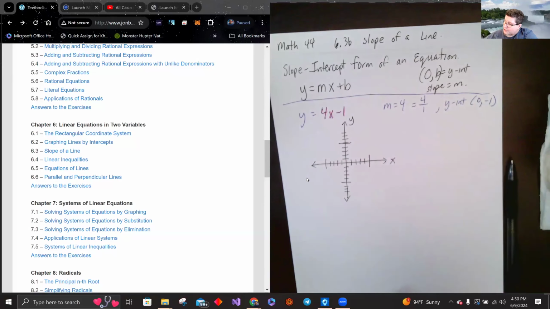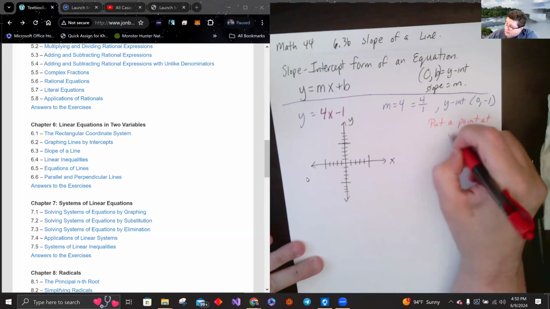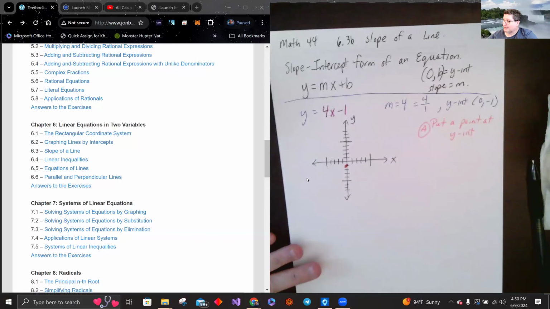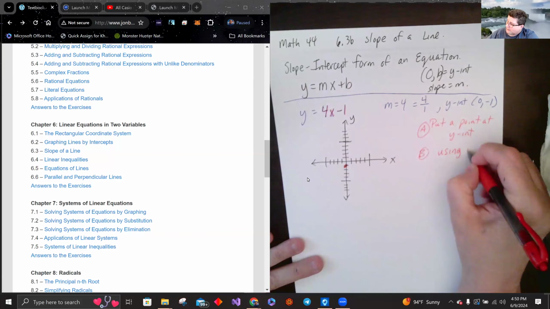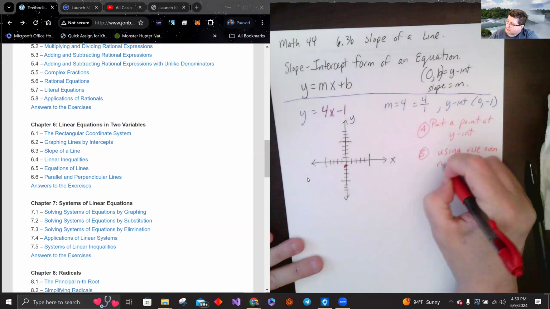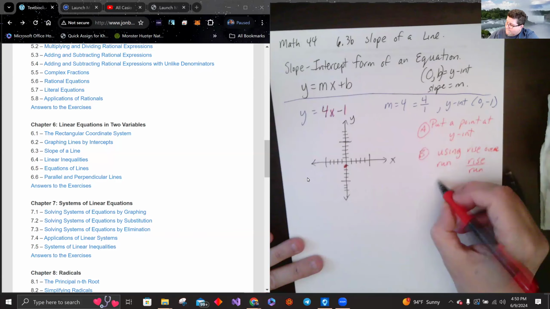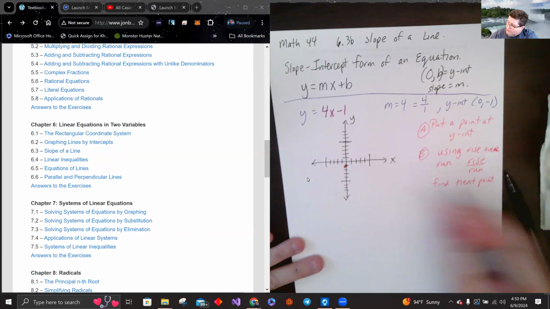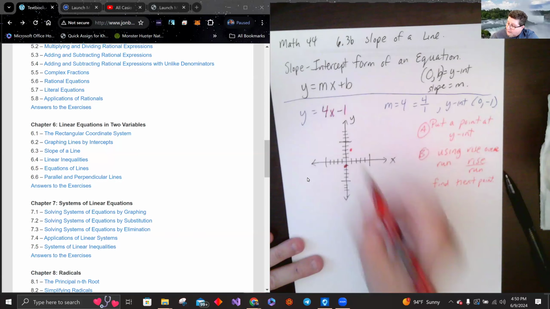So what you do is you start off, put a point at the y-intercept. Boom, 0, negative 1 is right there. Then, using rise over run, I am going to rise 4, and I'm going to run 1.